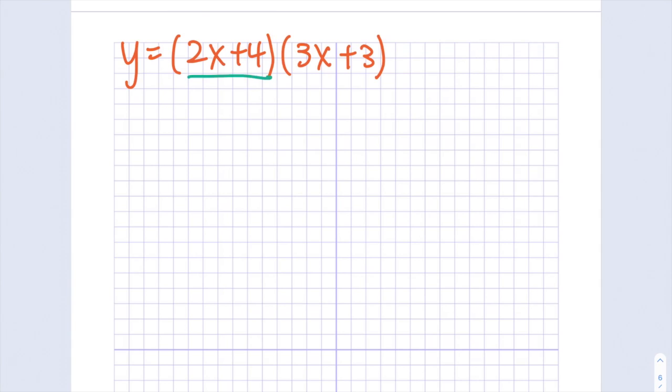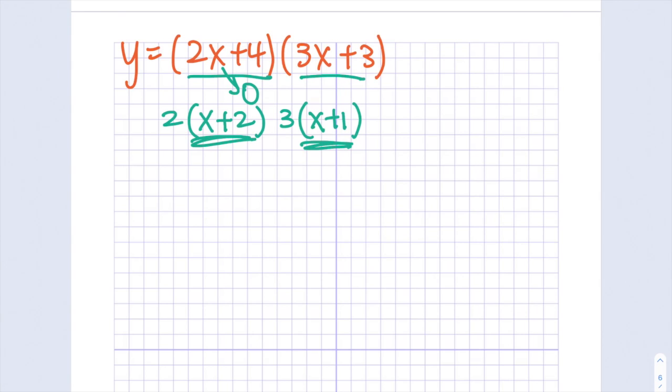Notice that now we have a coefficient in that parentheses. So how does that change our x-intercepts? Well, we just set this equal to 0, or in other words, factor out that coefficient. So this becomes 2 times x plus 2, and this becomes 3 times x plus 1.